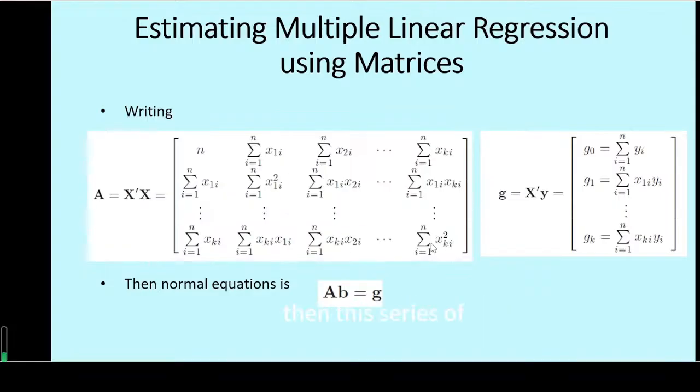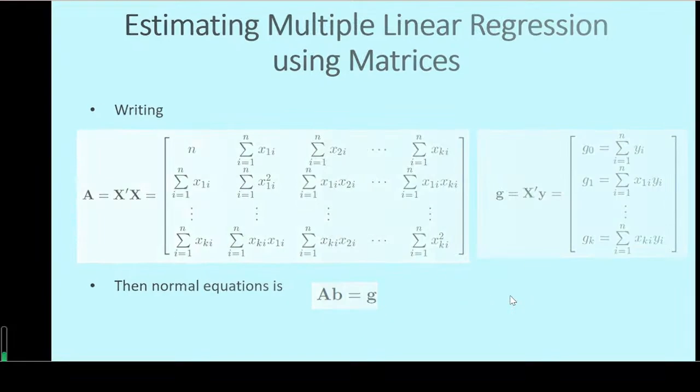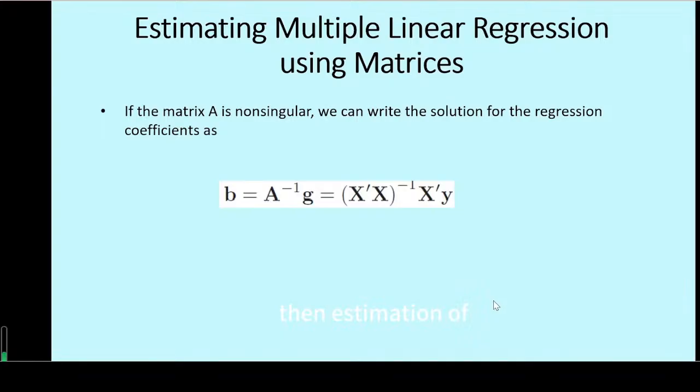This series of normal equations can be written as Ab equals G, if we denote X transpose times X as A, and G as X transpose times y. This is the normal equation. Then the estimation of this equation is possible if matrix A is not a singular matrix.